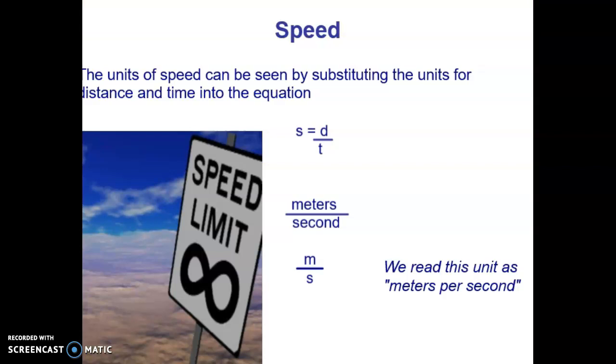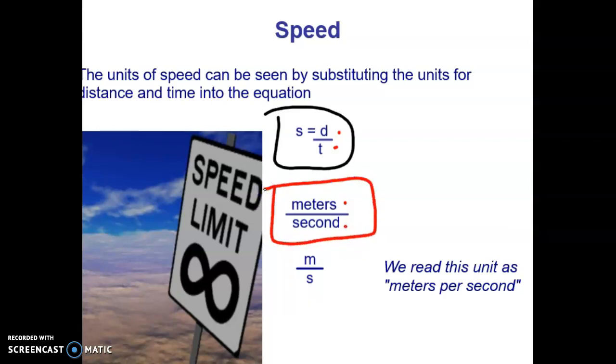When we look at the equation for speed, speed is equal to distance over time. Because distance is measured in meters and time is measured in seconds, the unit for measuring speed is going to be meters per second.